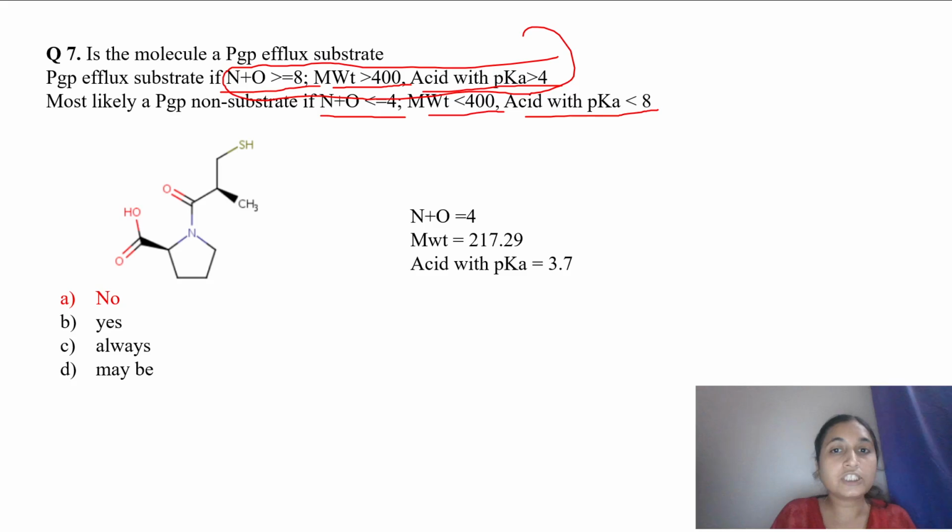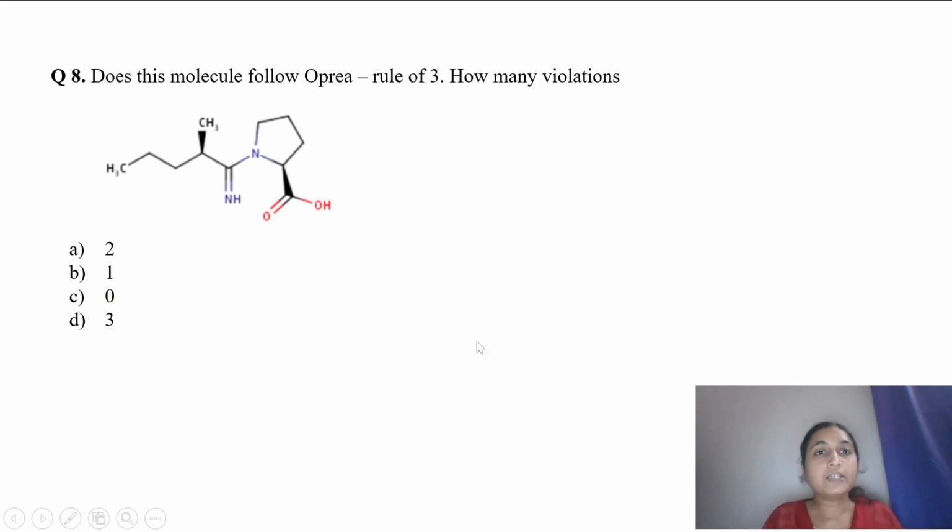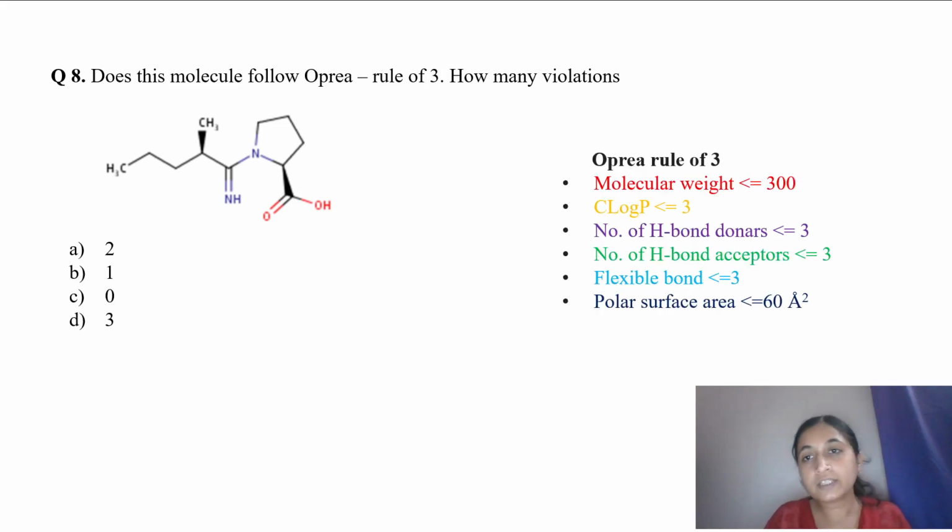Now come to question number 8. Does this molecule follow the Oprea rule of 3? How many violations? So what is this Oprea rule of 3? In the Oprea rule of 3, all these properties are multiples of 3, that's why it is the rule of 3. Molecular weight should be smaller than or equal to 300. C log P smaller than or equal to 3. Number of hydrogen bond donors smaller than or equal to 3.